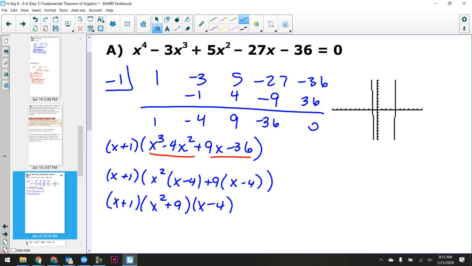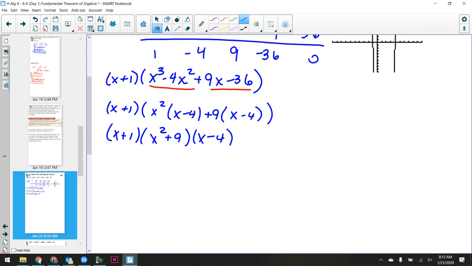But there's one thing left over: the x squared plus 9. I've got an x equals -1, an x equals +4, and then this x squared plus 9 equals 0. Because it's down to a quadratic, I can do the quadratic formula. Oh wait, there's no b term, just solve directly. X squared is equal to -9, x is equal to plus or minus what? 3i.